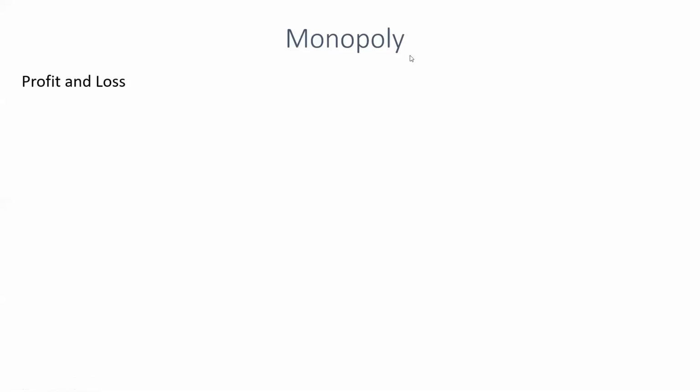Now bear in mind there are different types of markets, and we don't need to know each and every market for this particular subject. We have a monopoly, which is just one seller in the market. And because it's just one seller, there are barriers to entry and barriers to exit as well.